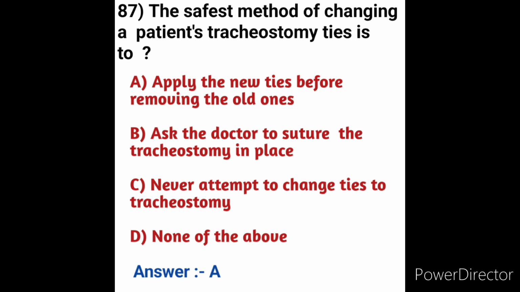It is preferable to secure the new ties before removing the old tie during a tracheostomy tie change. One person maintains the airway by holding the tracheostomy tube in place and does not remove their hand until the new tracheostomy ties are secured. So we need one more person to help while changing the patient's tracheostomy tie.